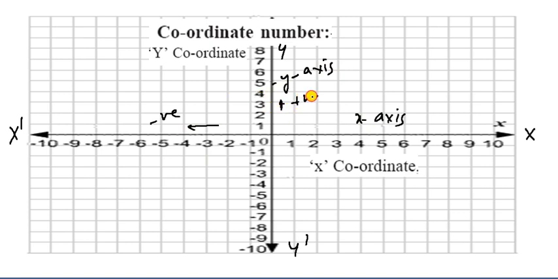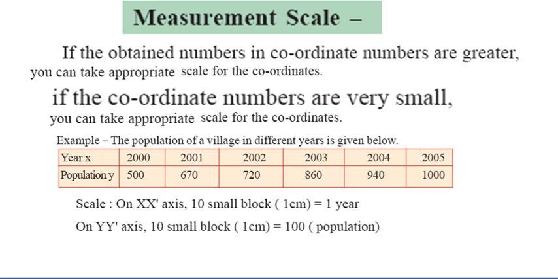In all the quadrants, this side is negative and this side is positive, this one is also positive, this one is negative, and here it is also negative. You can watch in this graph paper and let us see what happens in this.